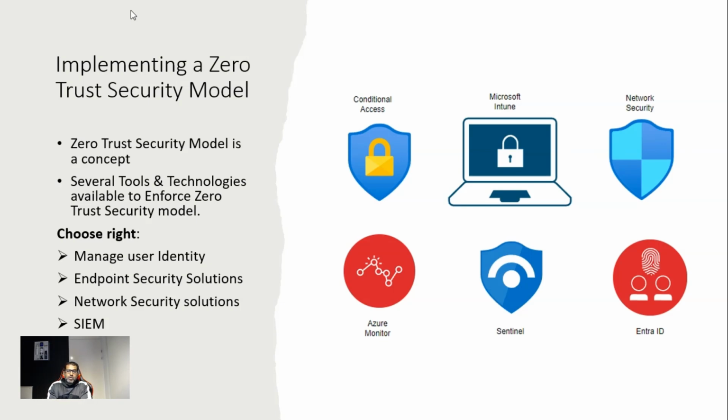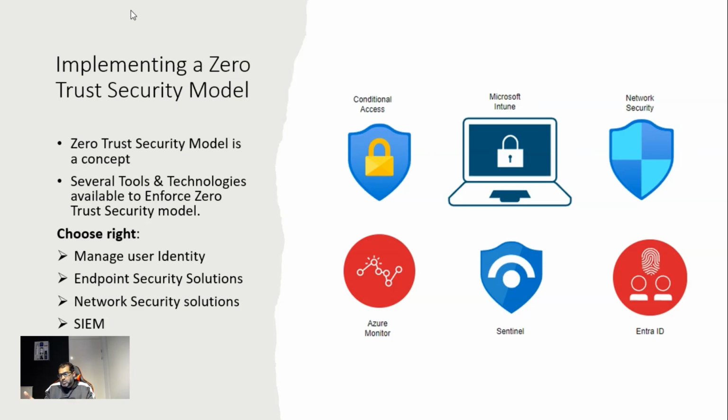If you ask me, okay, you have explained the zero trust security model, but how do I implement it? There are a lot of tools and options in the market that you can explore. The important thing is that you need to combine a strategy, choose the right technology, and follow best practices. With all these three you would be able to implement it.